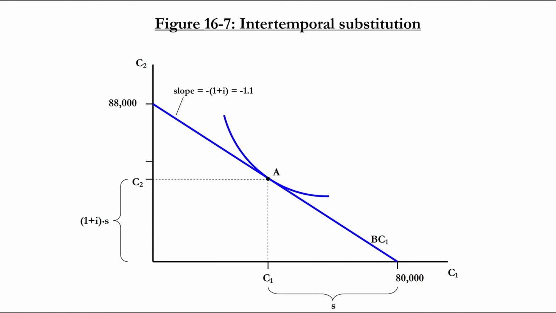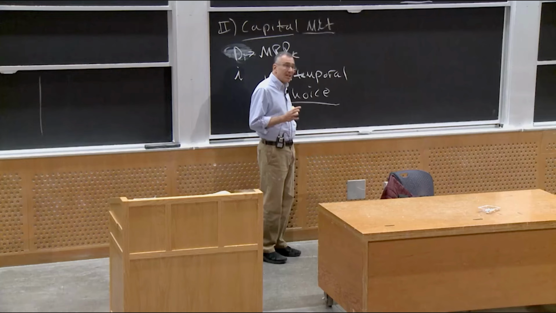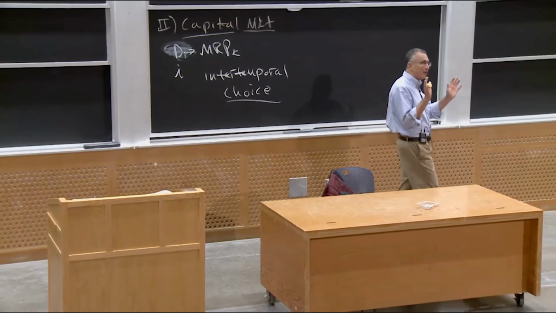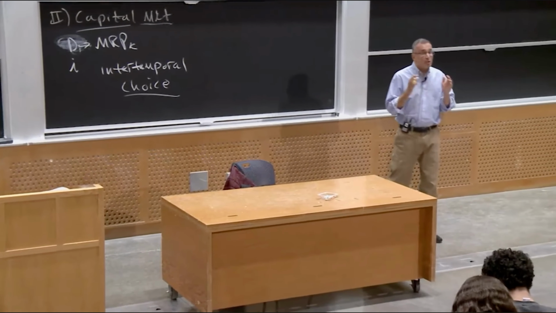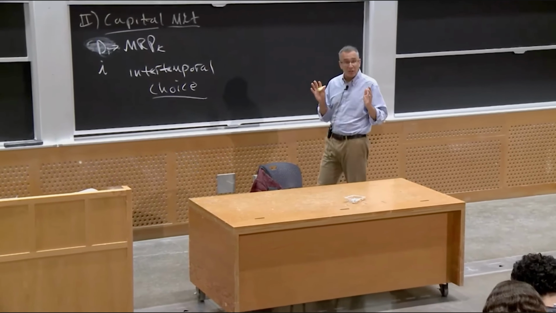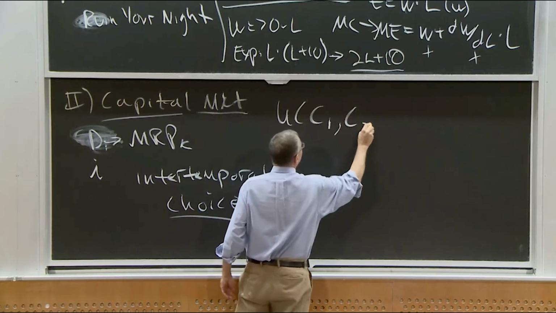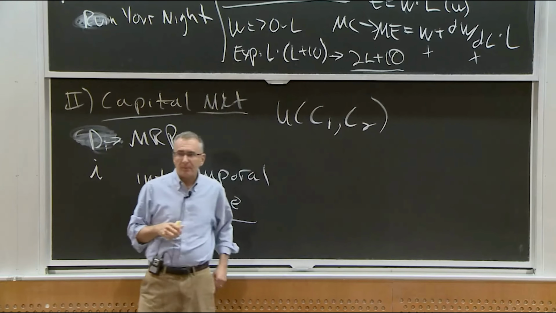Individuals have a utility function. We talked about the utility function. We always do 2-element utility functions to make the math easy. We talked about choosing between 2 goods, and between consumption and leisure. Now we're talking about choosing between consumption in period 1 and consumption in period 2.